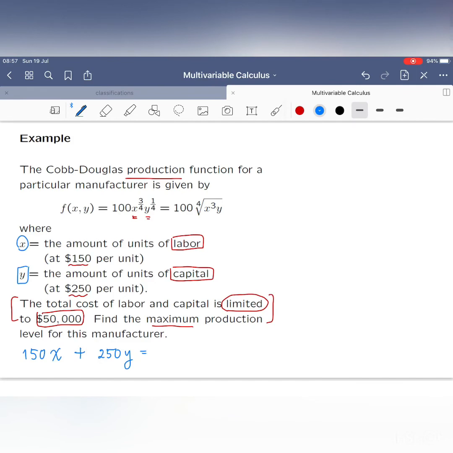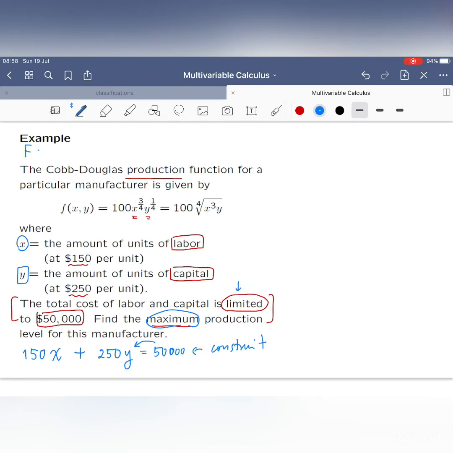Because you need it to be maximized, even though it is limited to 50,000, you need to pay it all in order to get your maximum, right? So instead of using this inequality, we are going to make it equal to 50,000. So this one is your constraint. Of course your constraint must be in terms of equals to 0, right? So you just move that 50,000 over there.